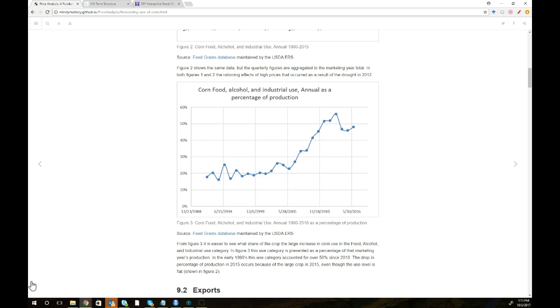So you can see that as we look back to the early 1990s and then look forward through 2016 and look at annual use data, we see that through those years when we were ramping up ethanol production, use was indeed shifting towards the food, alcohol, and industrial use category.